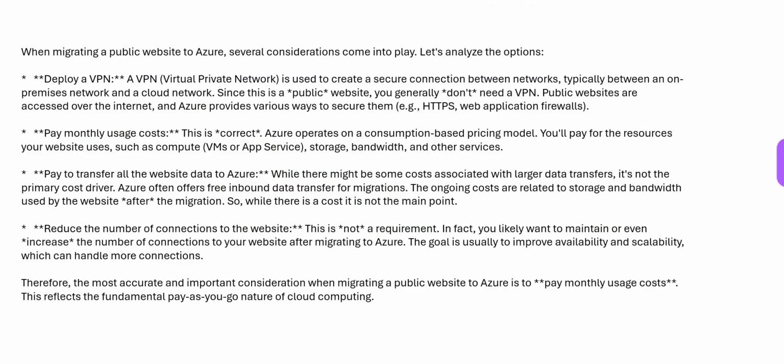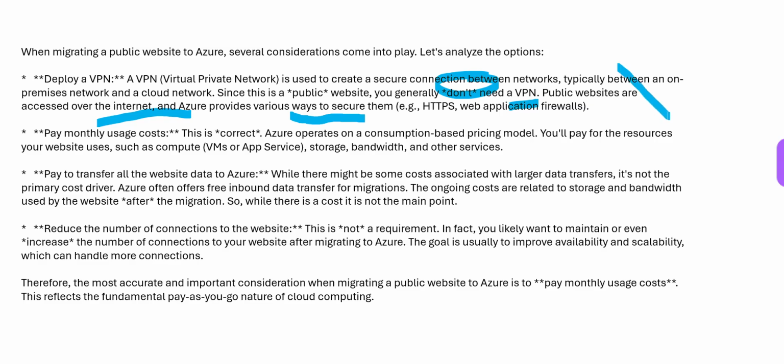See, a VPN is used to create a secured connection between on-premises and cloud. Since this is a public website, you don't need a VPN. Public websites are accessed over the internet, and Azure provides various ways to secure them, like HTTPS and firewalls and so on.